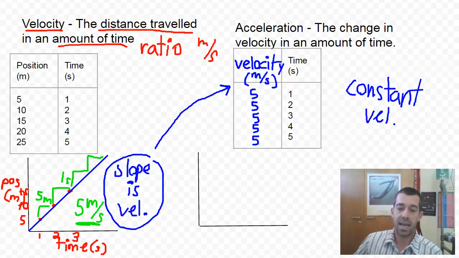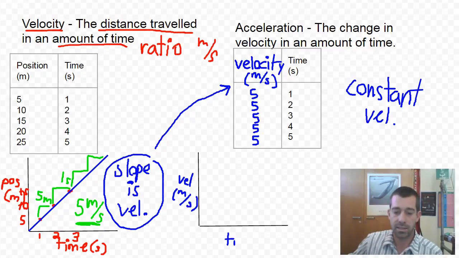Now, I'm going to take that data from this data chart and graph it down here. I'm going to do a graph of velocity, VEL, in meters per second, and time on the x-axis in seconds. And we're going to do it exactly the same.